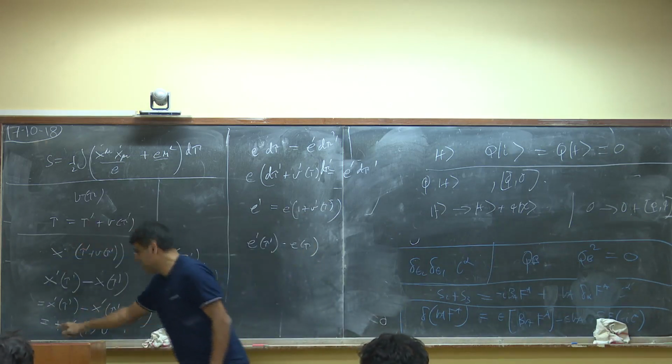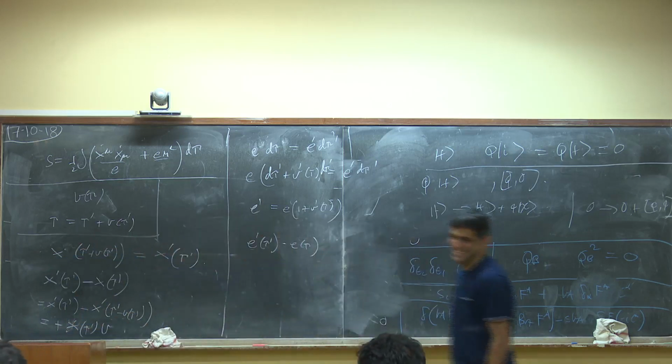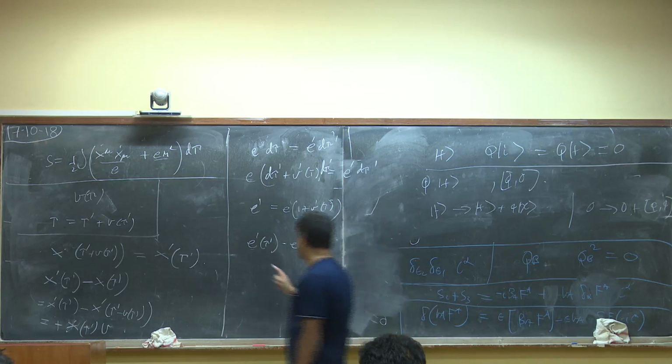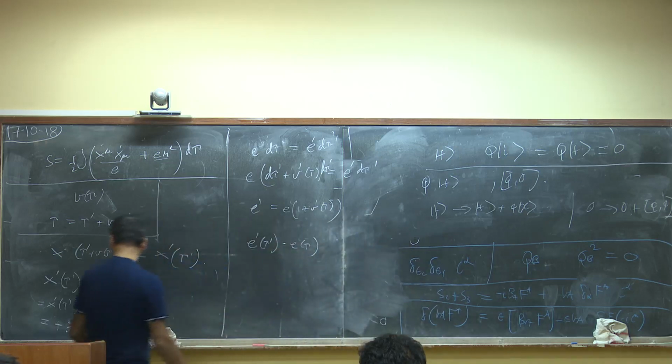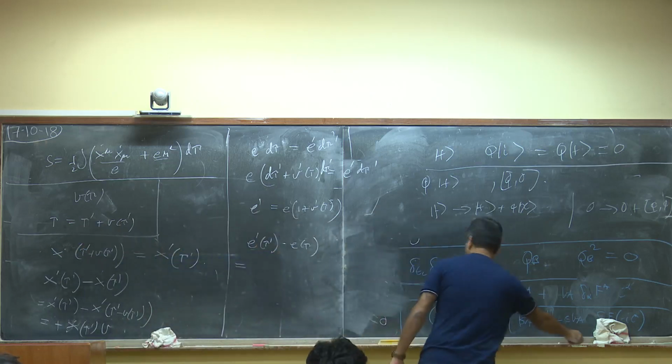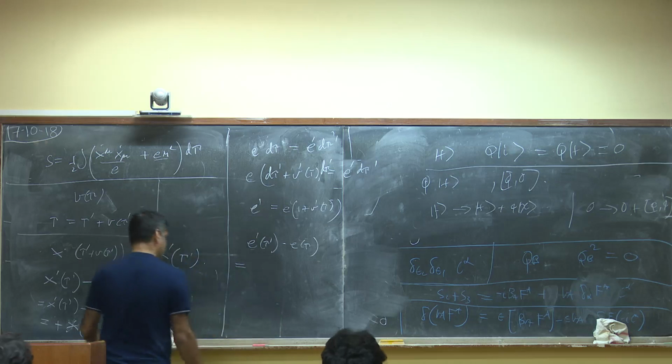I got the sign wrong. Okay, so now let's look at this. Now you get the same quantity from here. I wanted a tau prime, yes, everything's a tau prime.